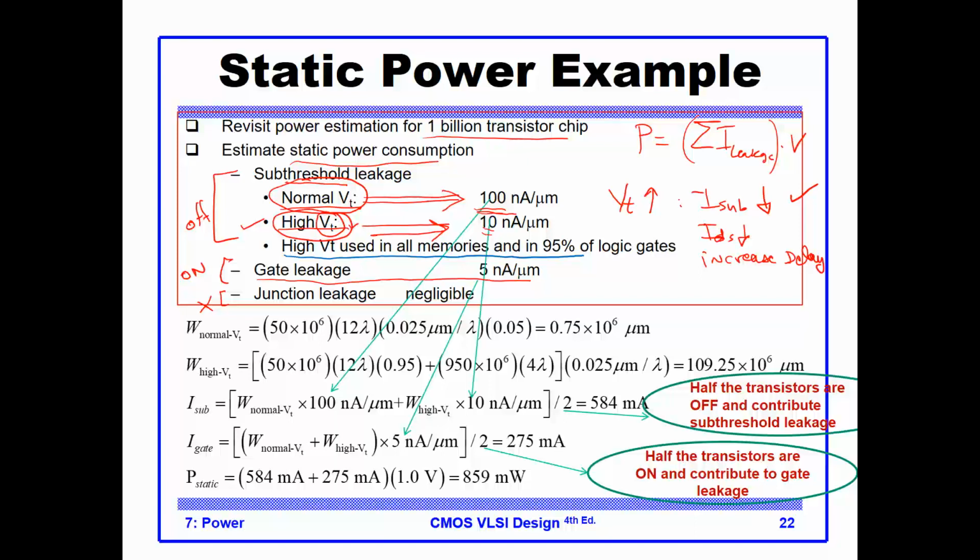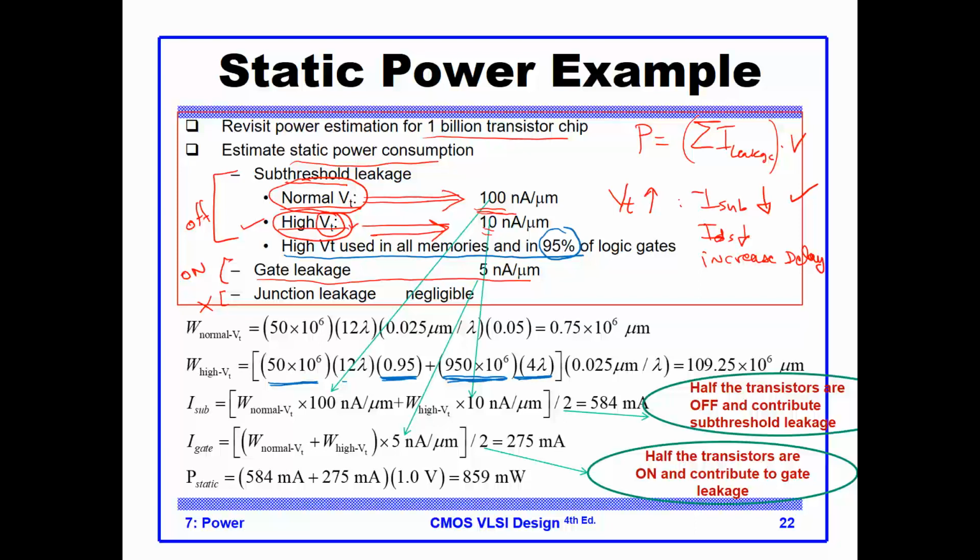So here is high VT. This is the logic: the 50 million from the logic times 12 lambda in the logic times 95%, which he told me right here, plus all the memories, number of devices, every device in the memory for lambdas. Again, these are lambdas from the previous question for dynamic power.